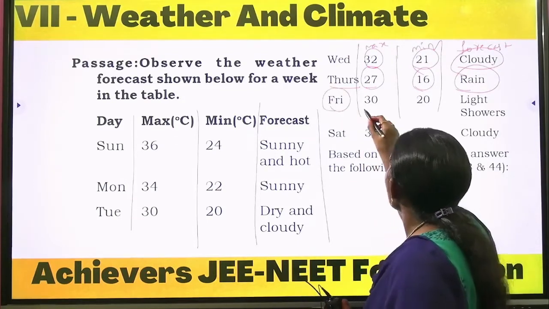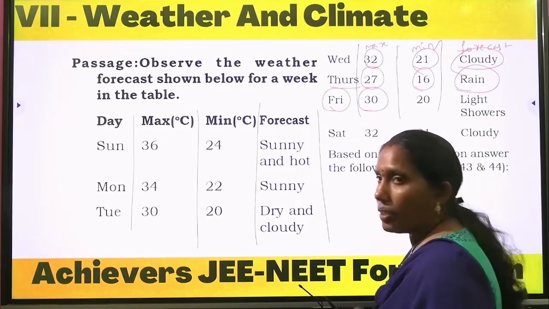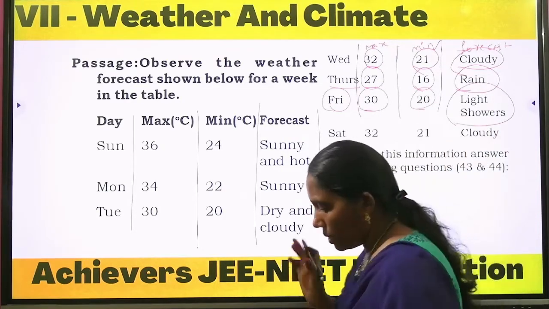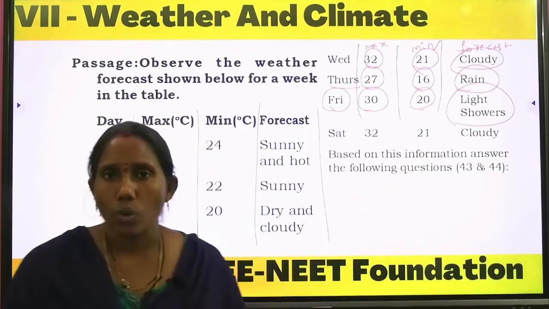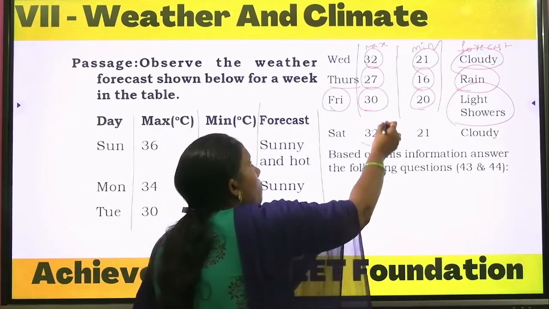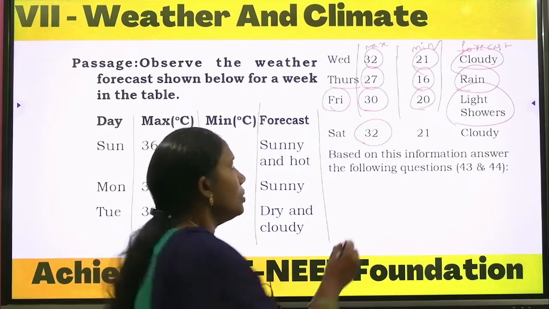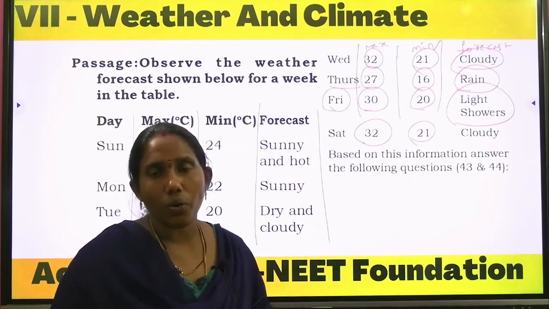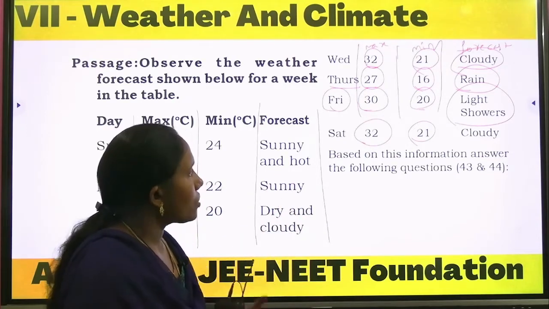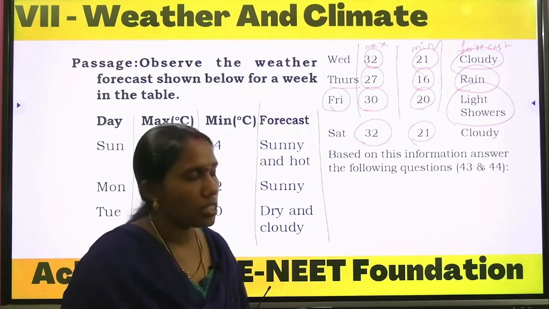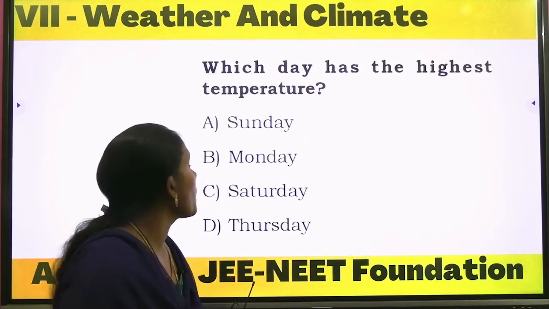Friday maximum temperature 30, minimum temperature 20, and it is light showers, means it's raining very slowly, lightly it showers. Saturday maximum temperature 32, minimum temperature 21, and the forecast is cloudy. Based on this information, we have to answer the following questions. Let's see what are those questions.